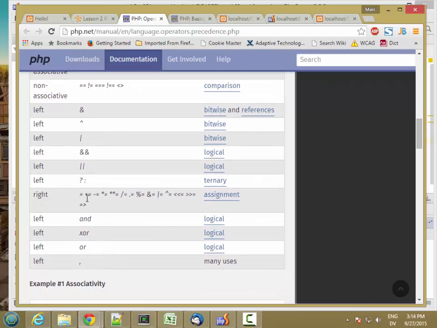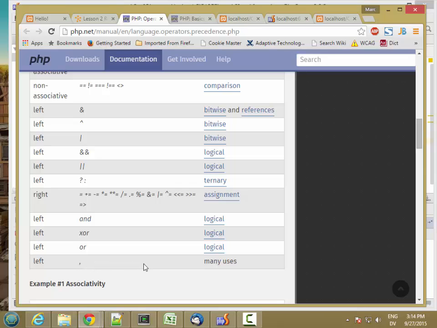And then a bunch of assignment operators that we'll talk about more when we get to arithmetic. Another way of writing logical and that has lower precedence than the ampersand ampersand we see here, and same thing with logical or, which does the same thing but has different precedence than bar bar, exclusive or, and comma, which is generally used in lists of things.